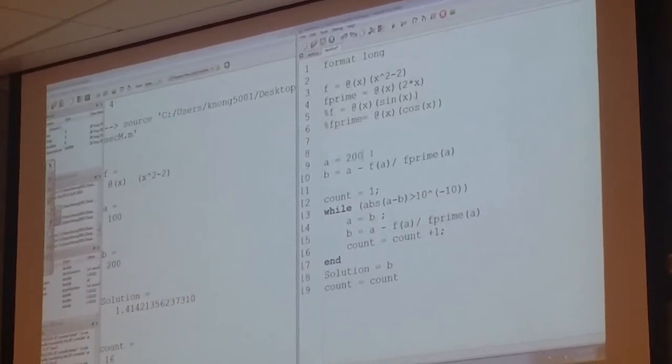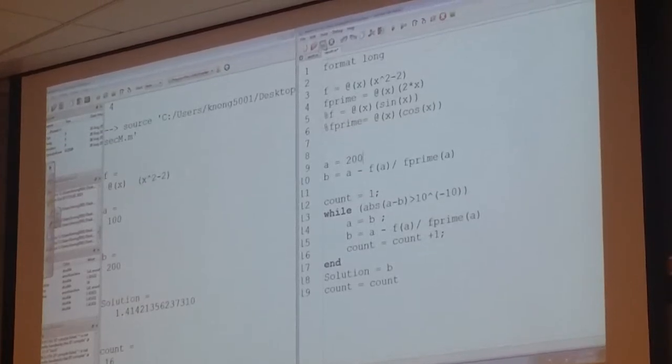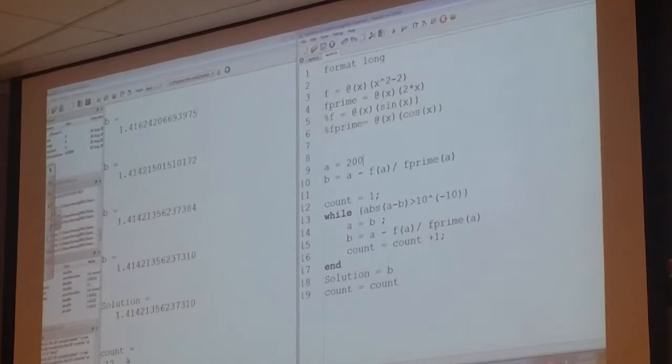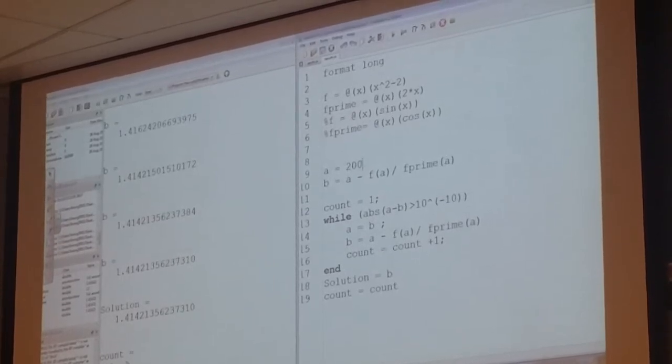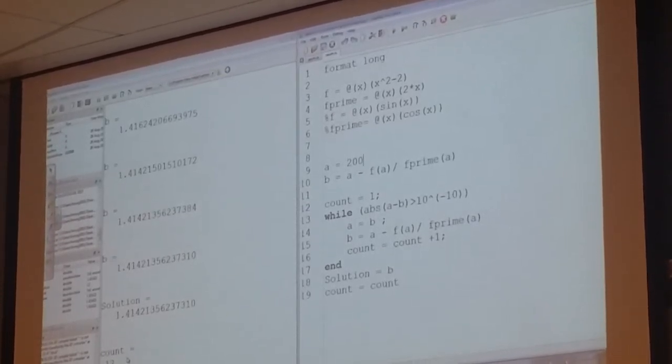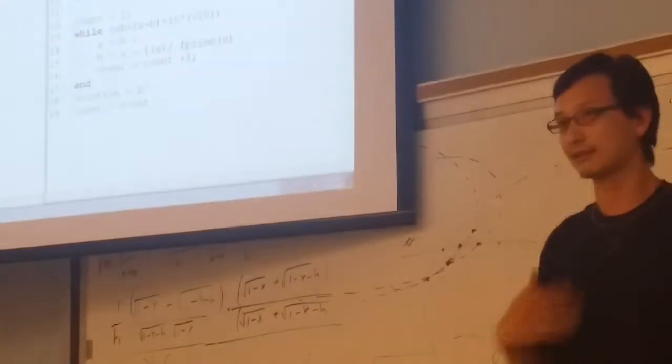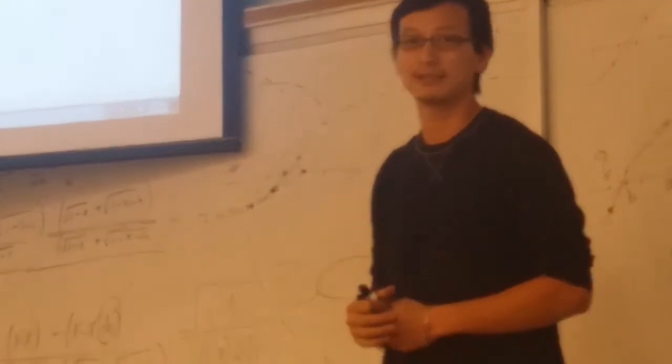And if I choose to start at 200, with 10 to the minus 10, 12 steps. I get 10 decimal places from this guy. Yeah, the Newton method is ideally less.